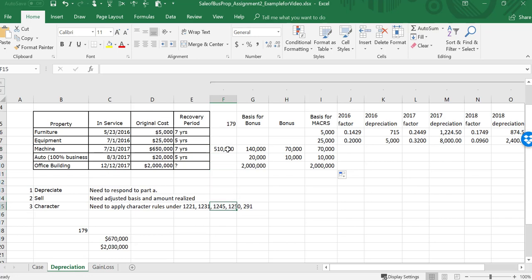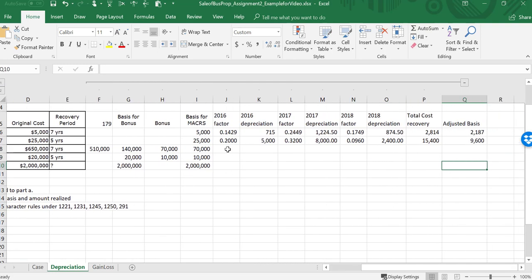The small business limitation also doesn't come into play because the eligible property is much less than the $2,030,000 limit for 2017. So that left us with a basis for bonus. Bonus in 2017 was 50% for assets placed in service before September 28th, which both of these were. So now we have our basis for MACRS, and we can start for all three of our 2017 assets.